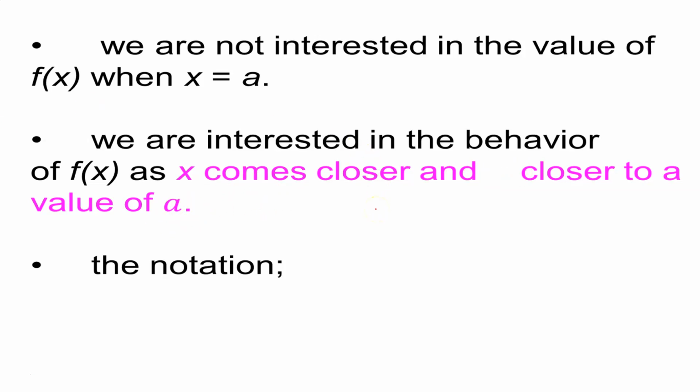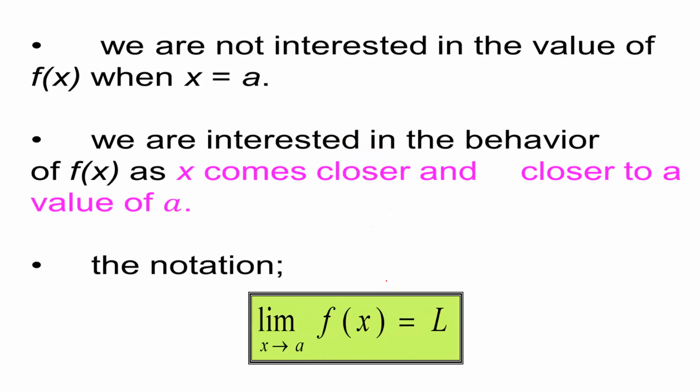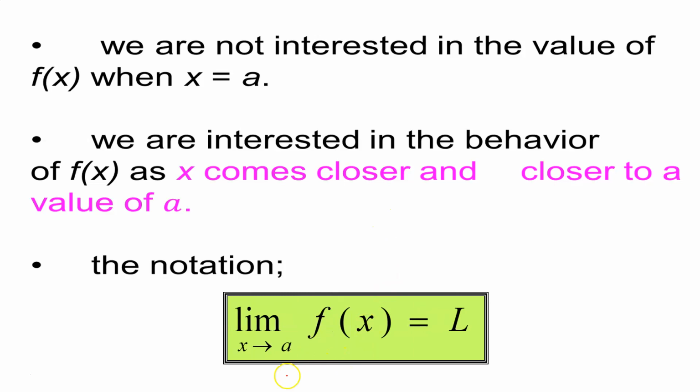So this is actually limits of a function, and the notation is given by this. Limit f(x), limit of a function when x approaching a, where a is any value, any number, equals L. L will be the limit.